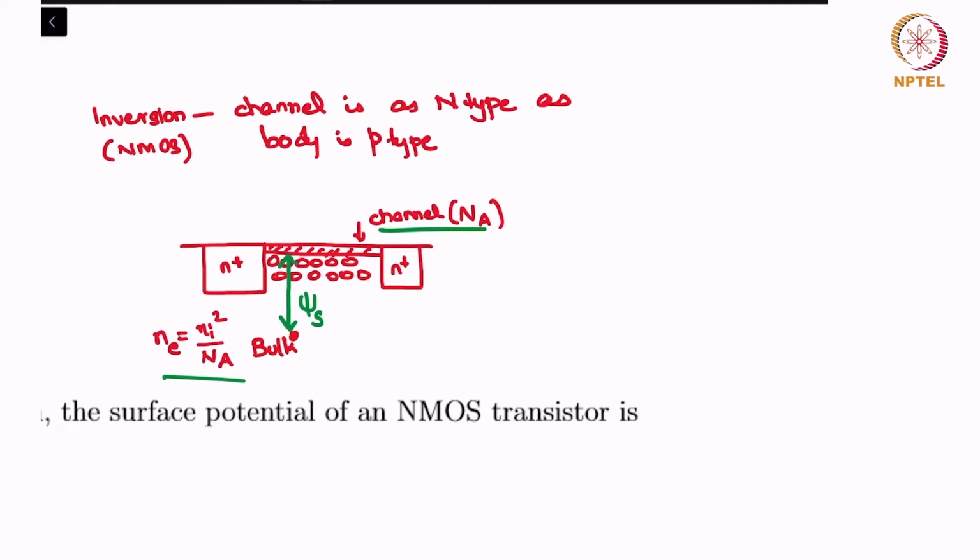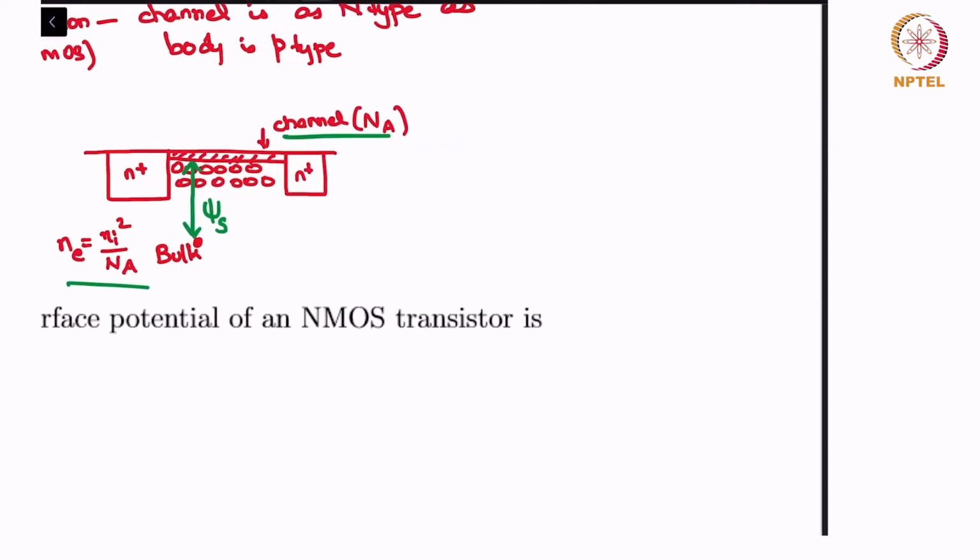Now by the law of mass action, since psi s is assumed to be the potential difference between the two regions, we get that Na divided by ni squared by Na is equal to e power psi s by kT by q.